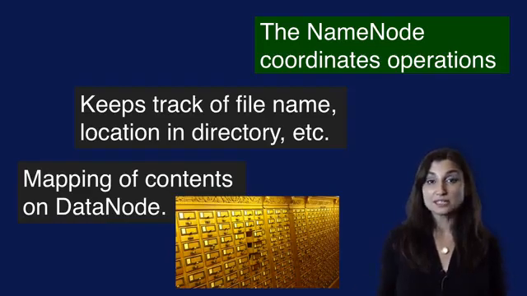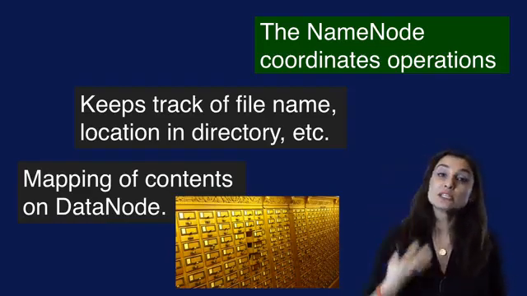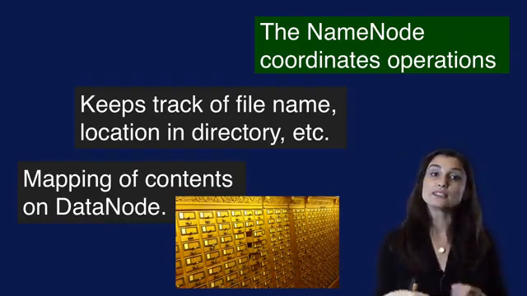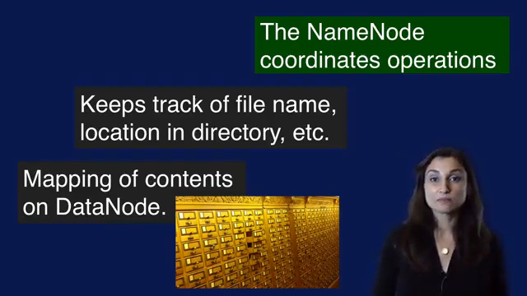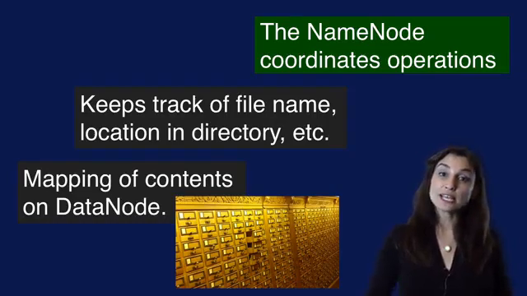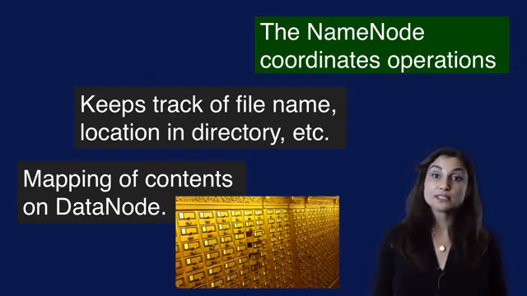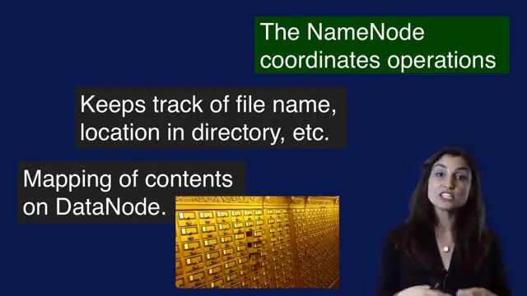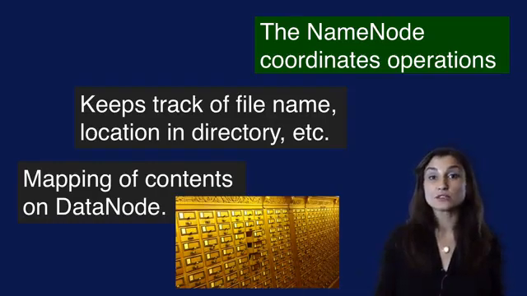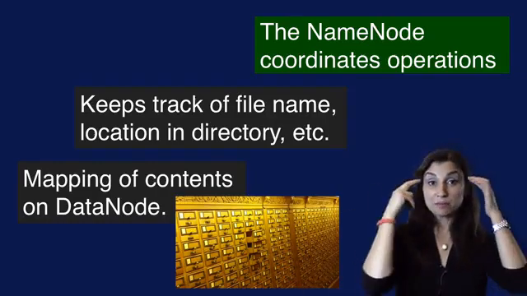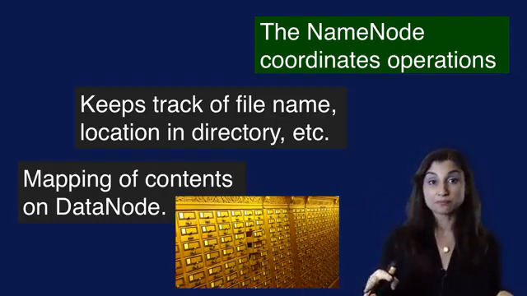In some sense, the name node is the administrator or the coordinator of the HDFS cluster. When a file is created, the name node records the name, location in the directory hierarchy, and other metadata. The name node also decides which data nodes to store the contents of the file and remembers this mapping.